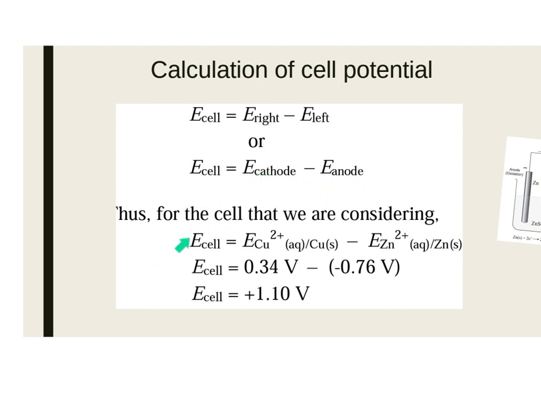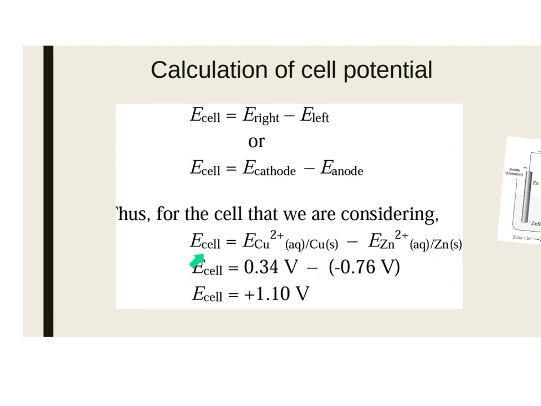Just to remember. So E cell is equal to, when we write this down, we have to write the reduction half cell and the oxidation half cell both as reductions, right? E copper 2 plus aqueous becomes copper solid, E zinc 2 plus aqueous becomes zinc solid.